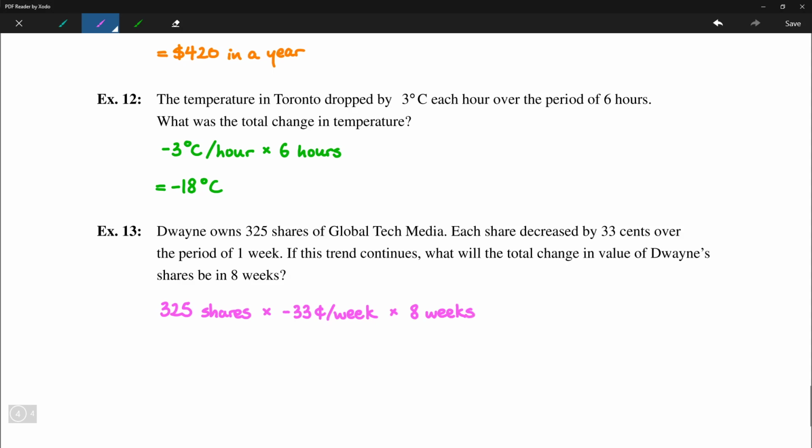So something like this, we can probably just use a calculator. Okay, let's go ahead and do that. So 325 times 33 is 10,725. And then we multiply that by 8.